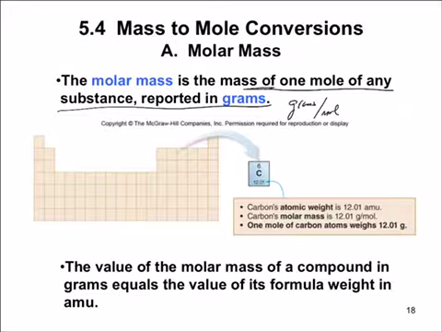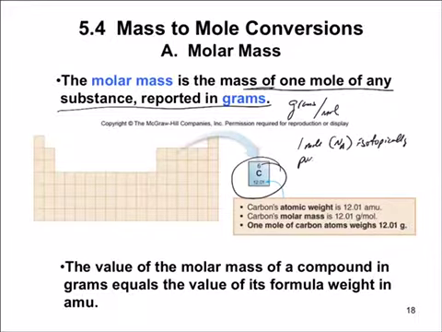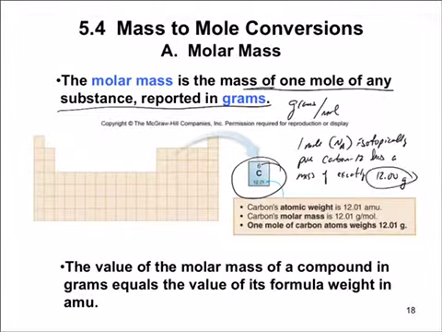And this works because we have agreed that carbon is our set point. The set point is 1 mole, which is Avogadro's number, of isotopically pure carbon-12 has a mass of exactly 12.00 grams.